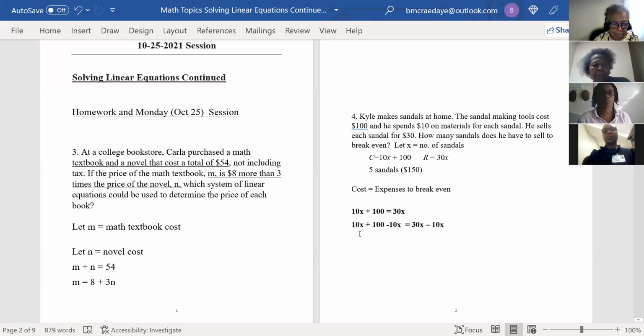Now, if you said the 10x and minus 10x was 0, yes? What else do I have on the left side? 100. That's right. So I have plus 100. And what do I have on the right side?